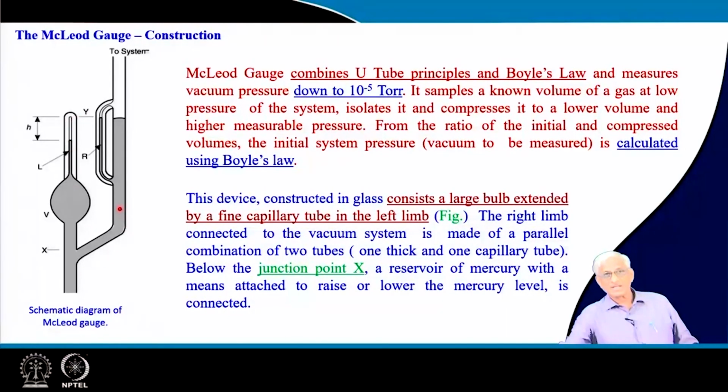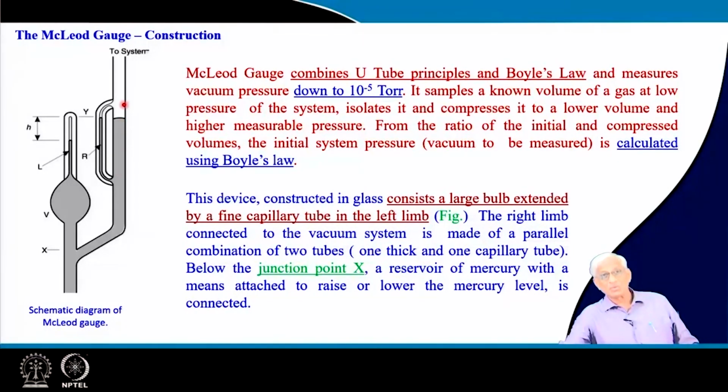On the right side there is another pipe with a parallel combination of a capillary pipe. The two capillaries are identical, so that meniscus effects are similar and you will not get any error in the measurement, particularly the delta H measurement, because otherwise the meniscus shape will be different.